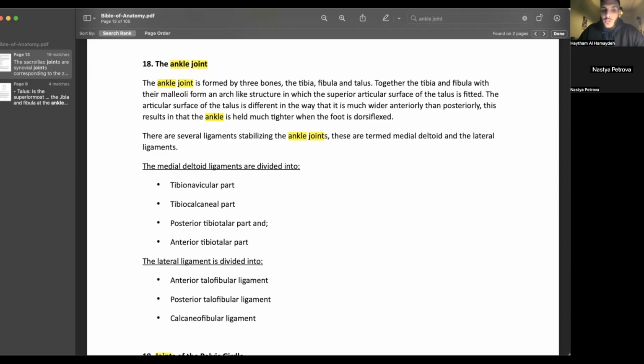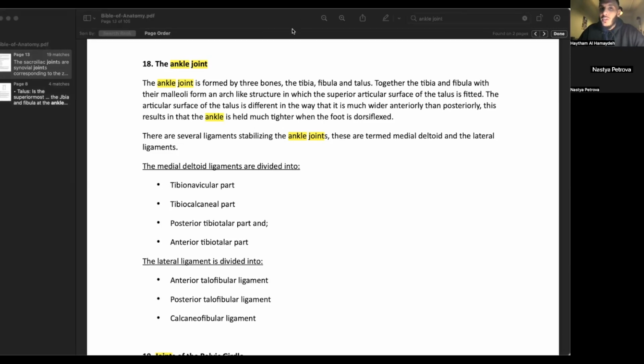No, the surface articulates with the inferior articular surface of the tibia here. So the tibia articulates with two spots on the talus. The inferior surface of the tibia articulates with the superior surface of the talus, and you know the rest.